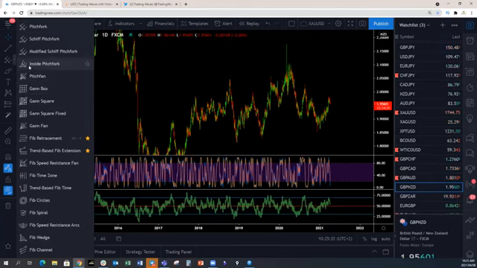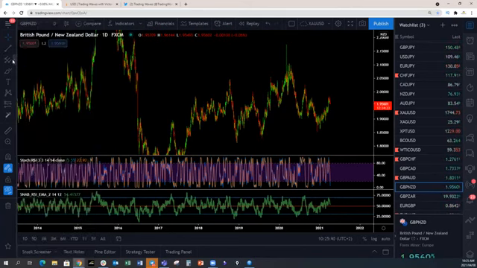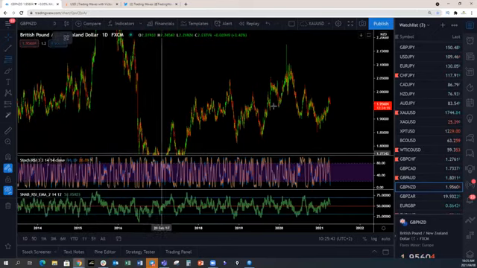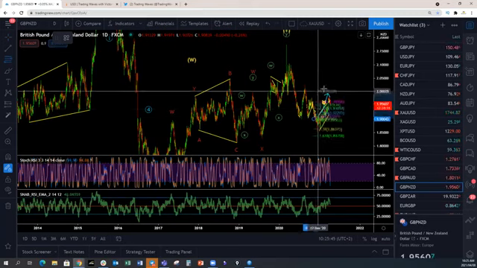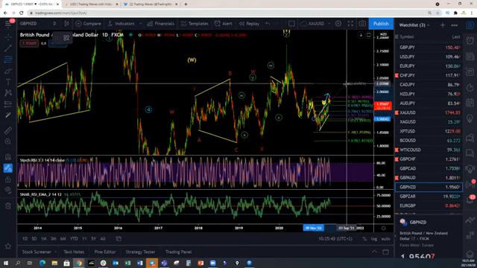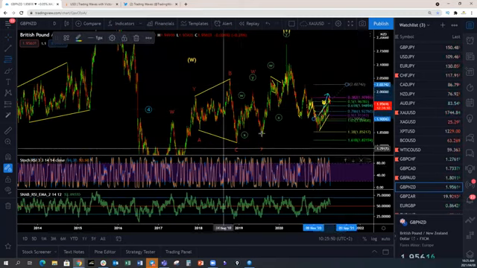With the fib retracement, let's check here. What we do here is we take it from here to here, like that.